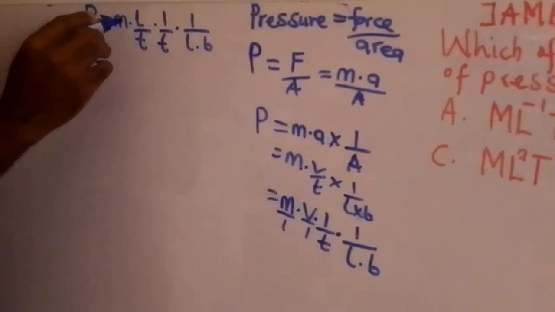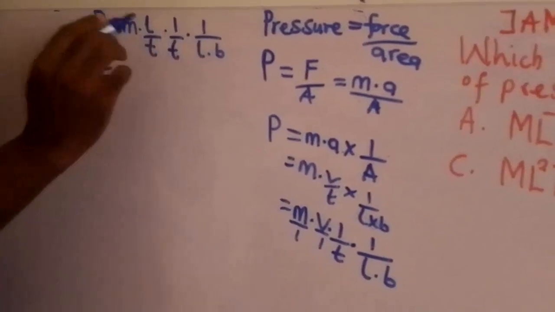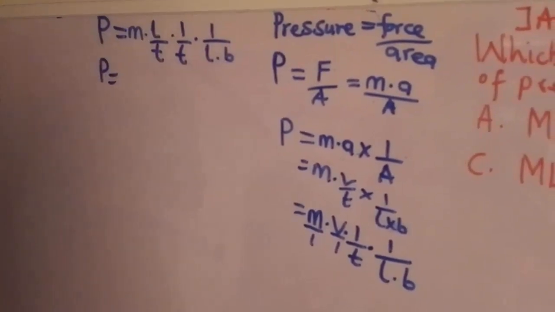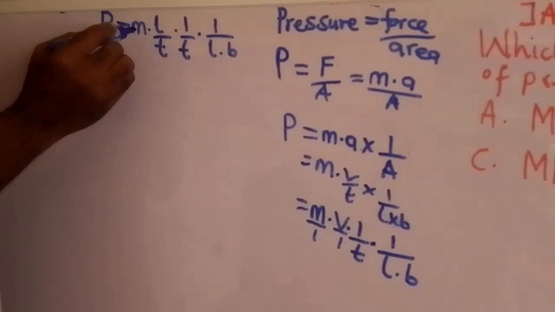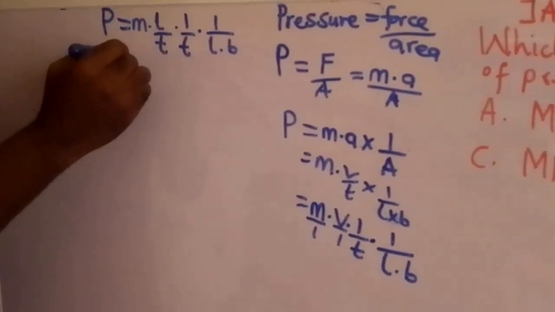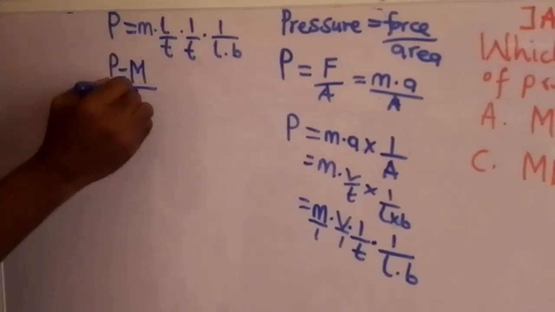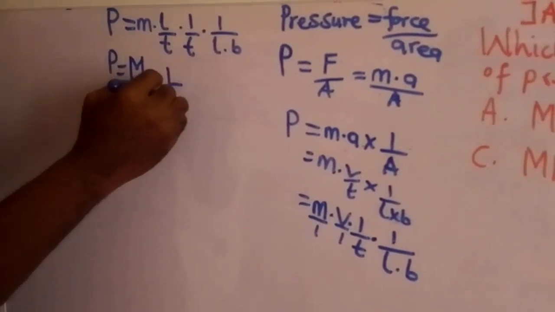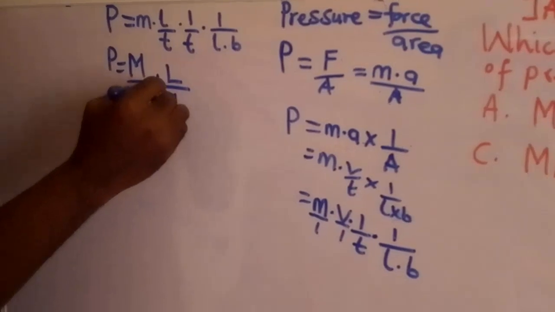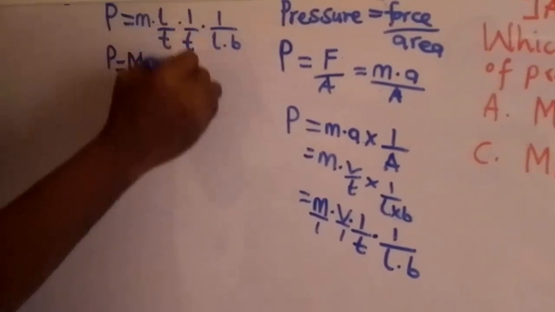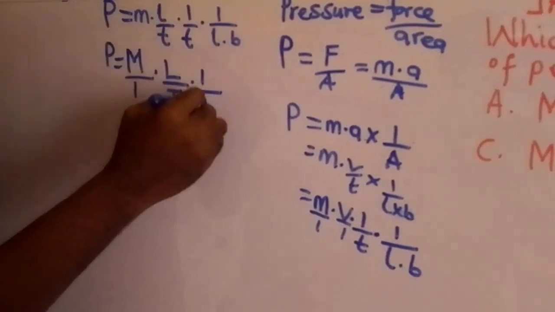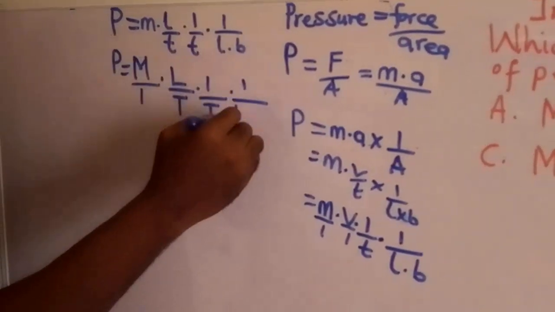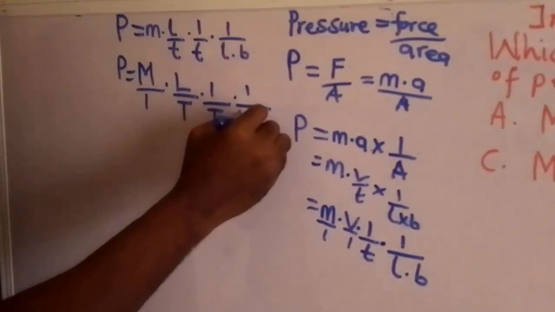If you check here now, I don't have any derived quantity here, so I'm good to go. Everything here are all fundamental. During dimension, wherever we see mass, we change it to capital M. M over 1 times any length we see, capital L, over any time we see, capital T, times 1 over time here, capital T, times 1 here over length, capital L, times breadth, another length, capital L.